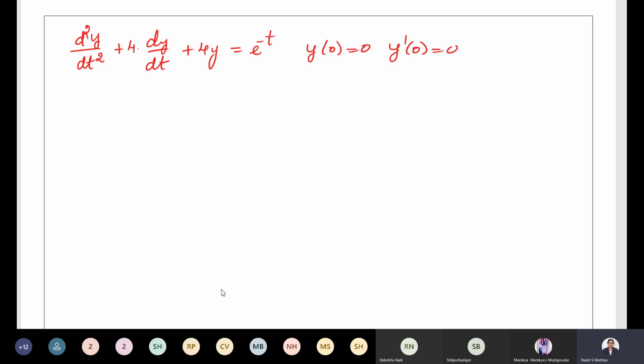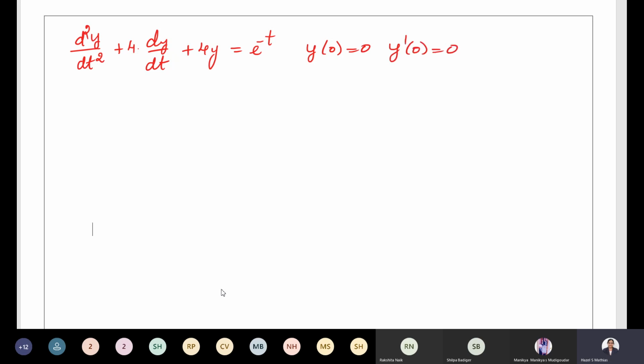Let's discuss one more question. So what we will get? Next question. We have to find the Laplace transform of this function d square y by dt square plus 4 into dy by dt plus 4y, that is equal to e power minus t, where y of 0 is 0, y dash of 0 is also 0.